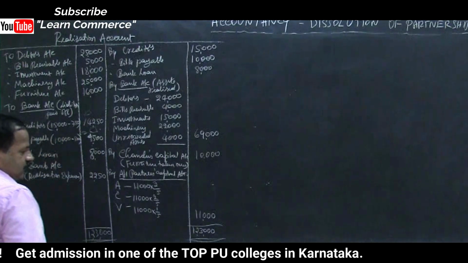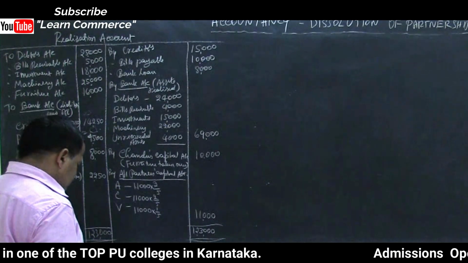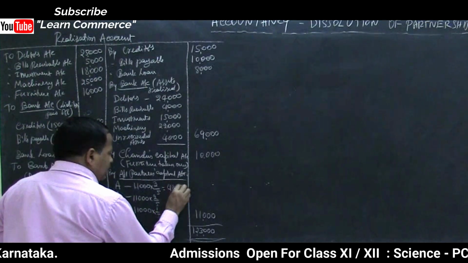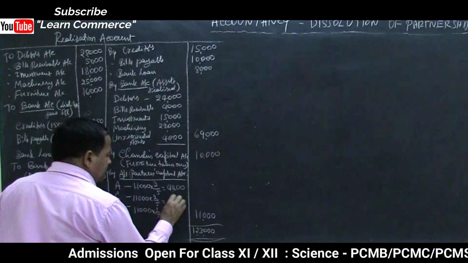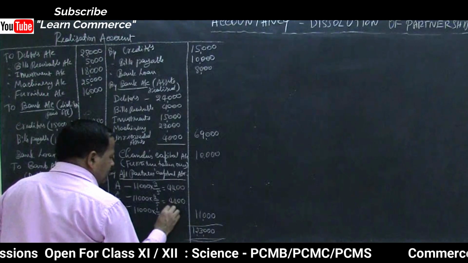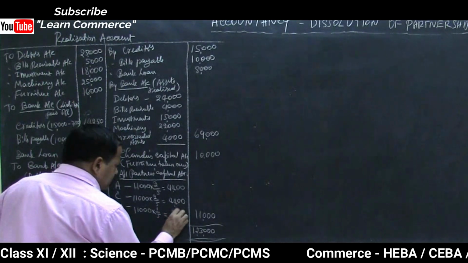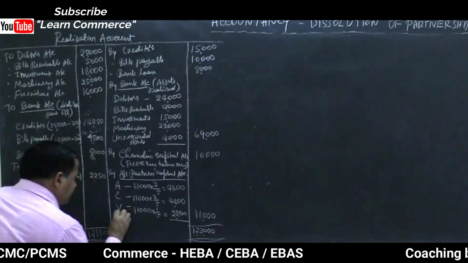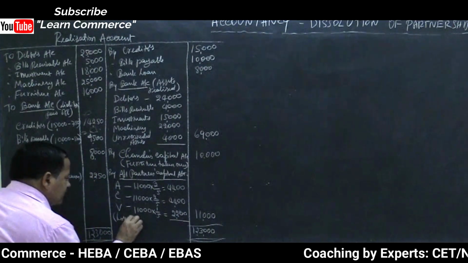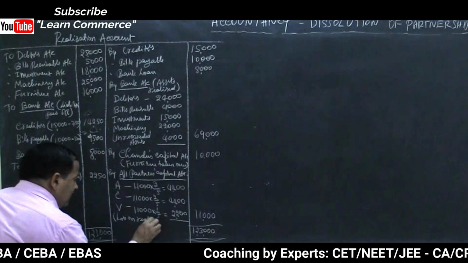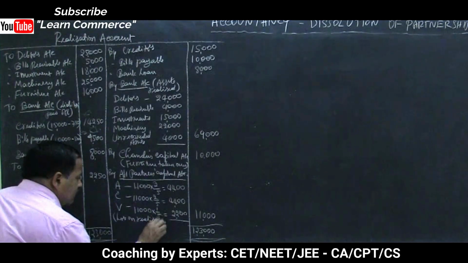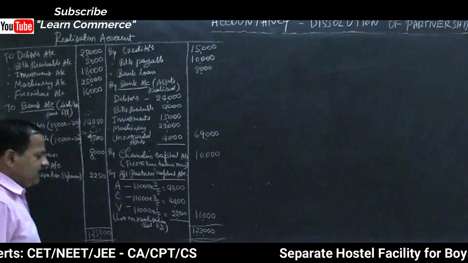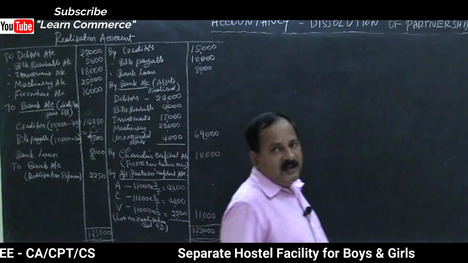Write the amounts: 4,400, 4,400 and 2,200. Right here, loss on realization, balancing figure. That's all. Your realization account is done.